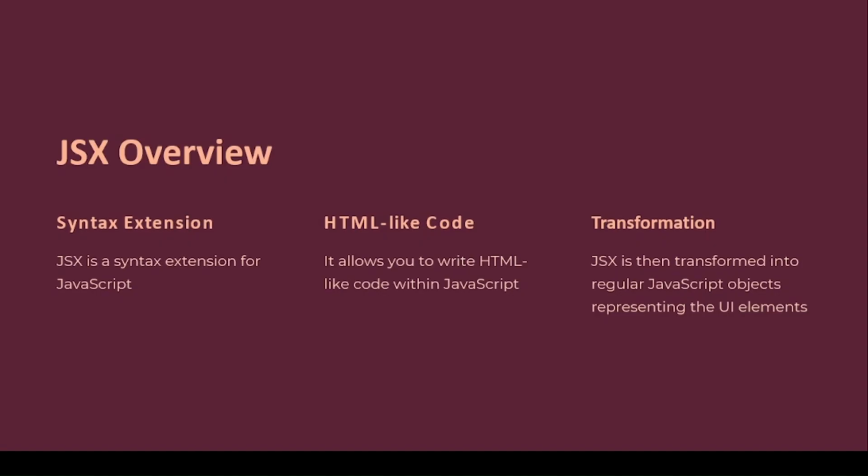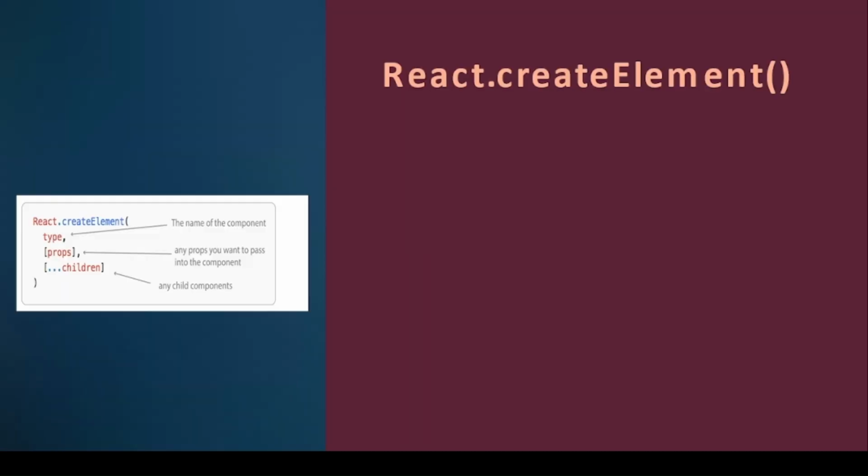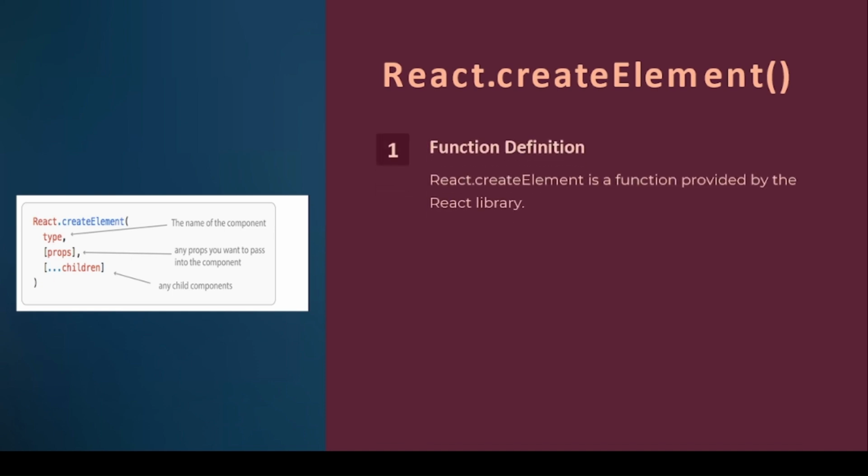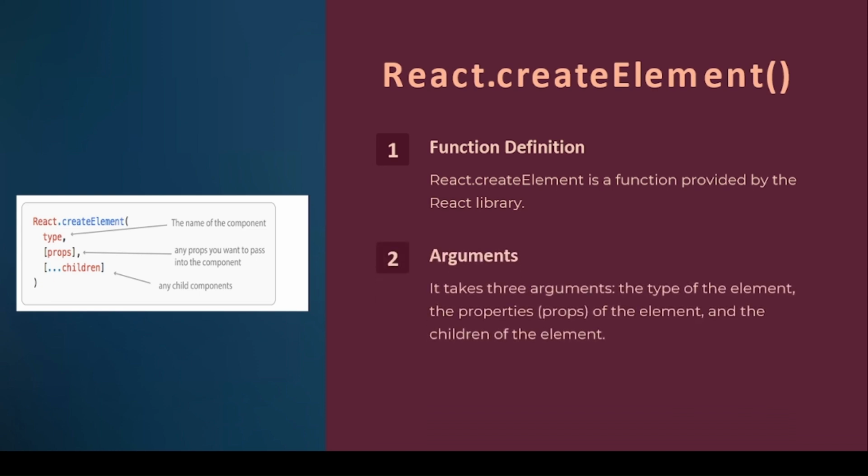Now we are actually going to learn what exactly is the concept of JSX, and that is React.createElement. What is it? It's a function provided by the React library, and it takes three arguments: the type of the element, the properties, also called props, of the element, and the children of the element as the third argument.